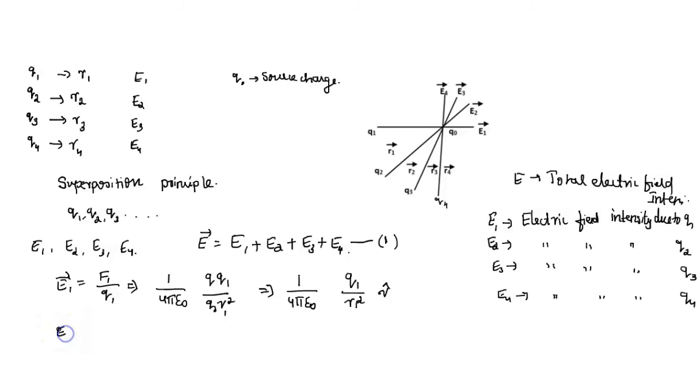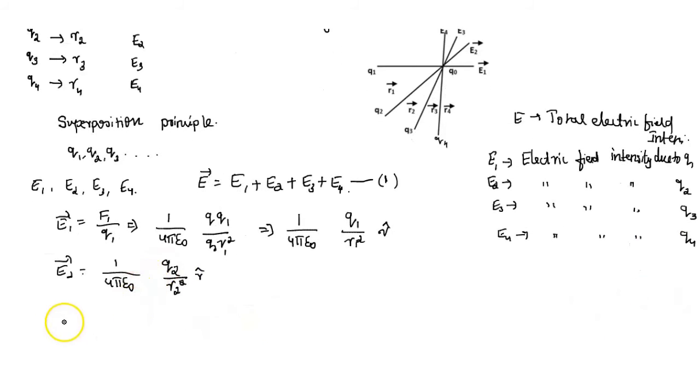Similarly, E2 is equal to 1 divided by 4 pi epsilon naught Q2 divided by R2 square R cap and E3 is equal to 1 by 4 pi epsilon naught Q3 divided by R3 square R cap and E4 is equal to 1 divided by 4 pi epsilon naught Q4 divided by R4 square R cap.